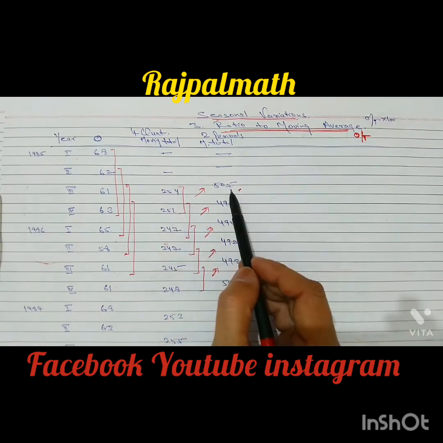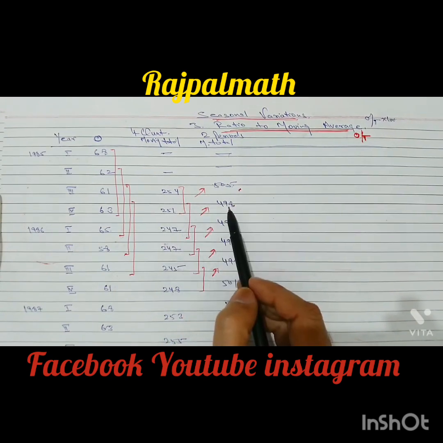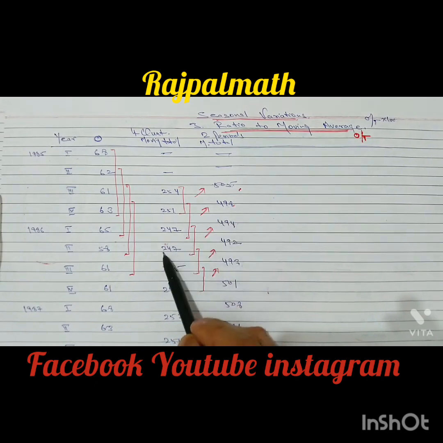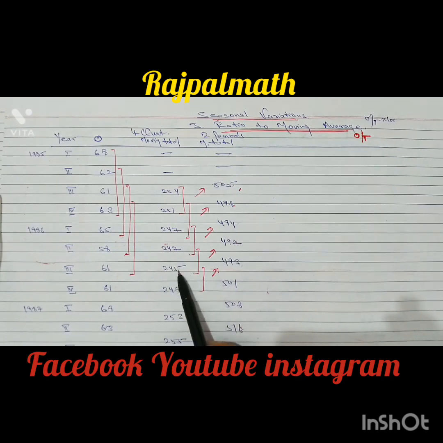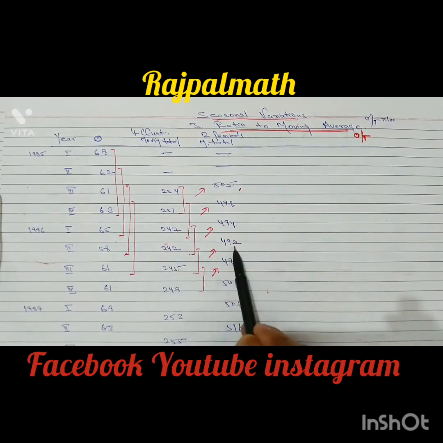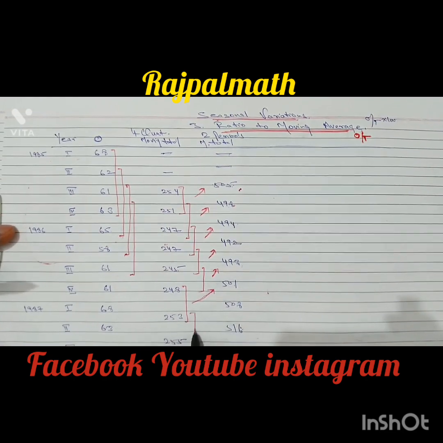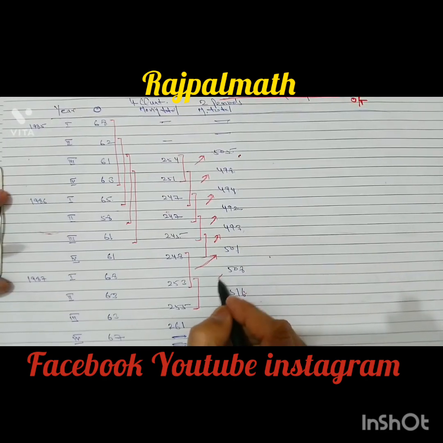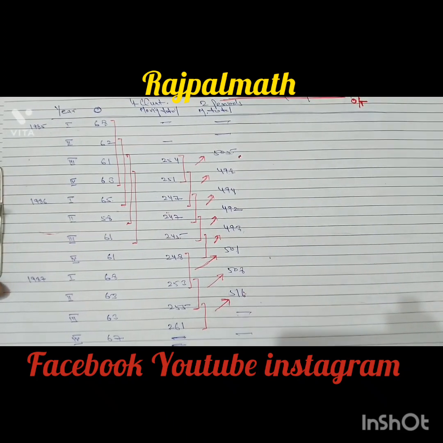The sum of 251 and 247 is 498. Then 247 and 247 is 494. Then 247 and 245 is 492. Then 245 and 248 is 493. Then 248 and 253 is 501. For the next two it is 508, and for the next two it is 516.